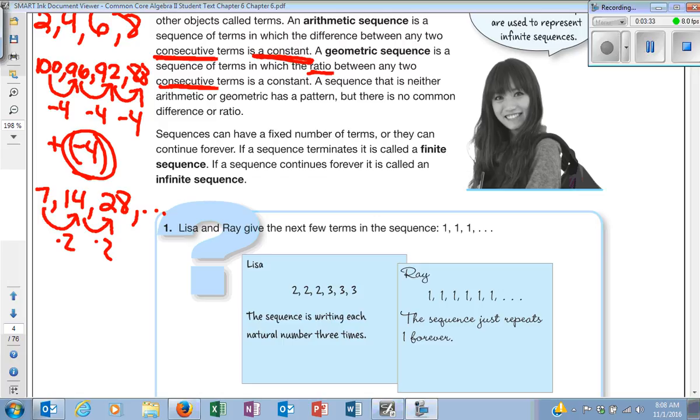Now, here's another example. Let's say we had 48. How do I get from here to here? Divide by 2, right?